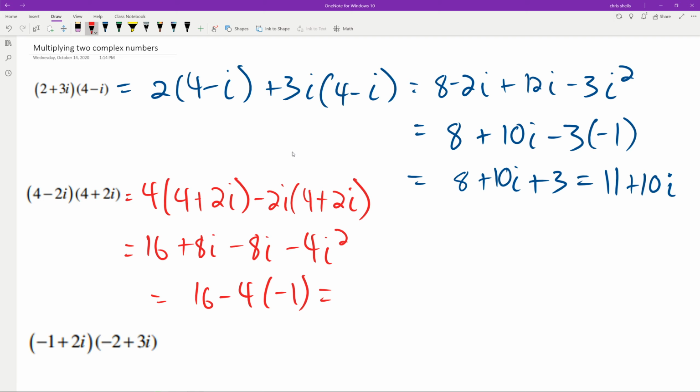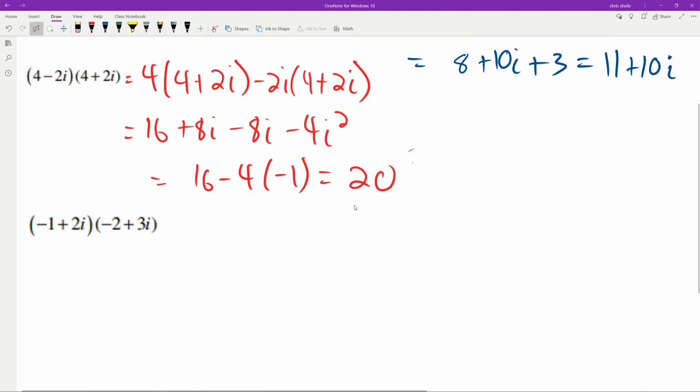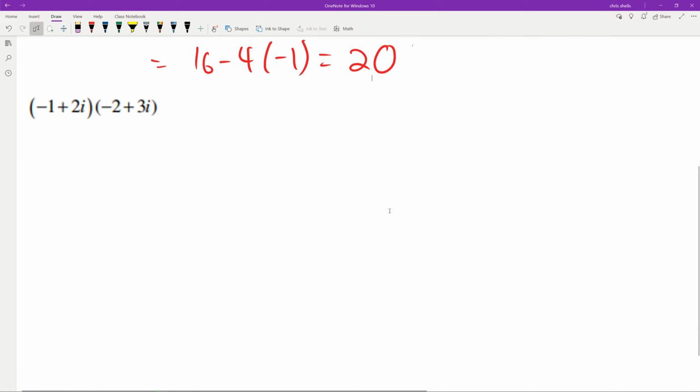This is 16 plus 4, which is 20. And this is going to be related to a concept that we're going to discuss in just a second. But before that, let's do one more example.